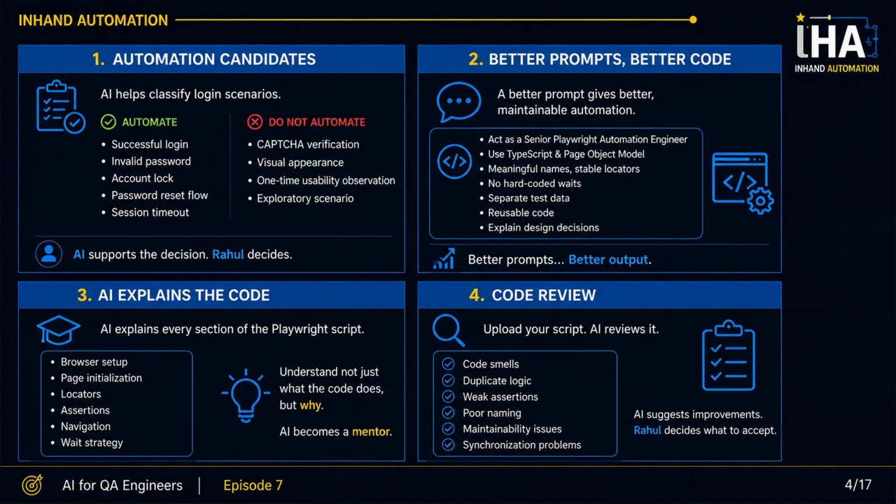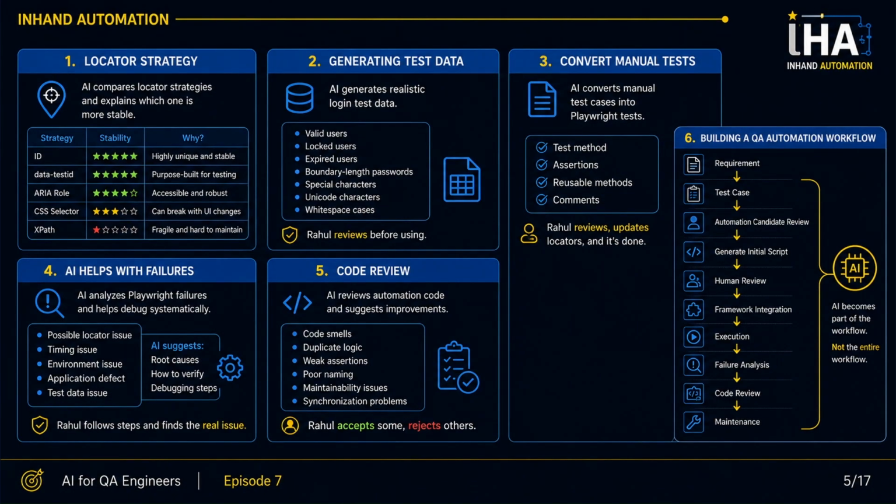Now, if your script has locators, you can ask which locator you would choose. AI will compare them and give you a strategy on what basis you can choose your locator. In Playwright, the ID locator has more stability because it is highly unique and stable.